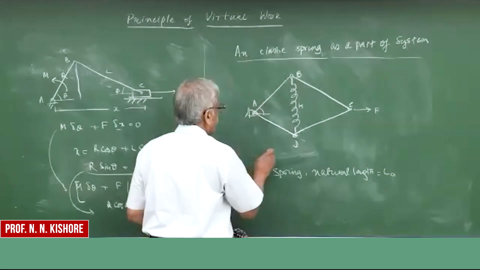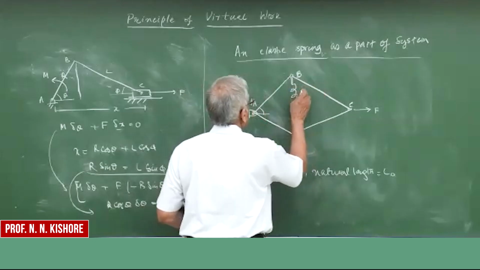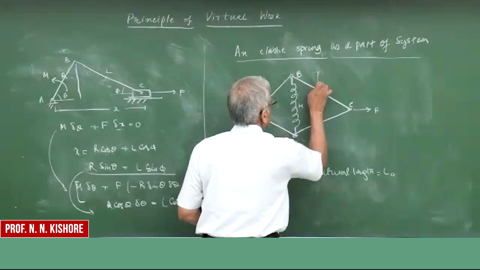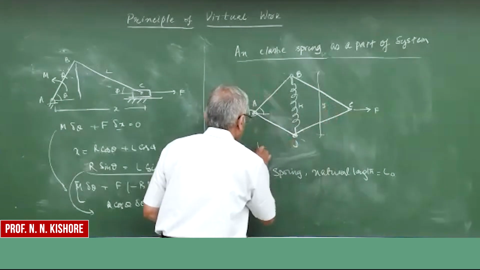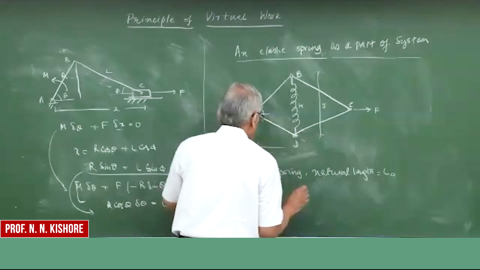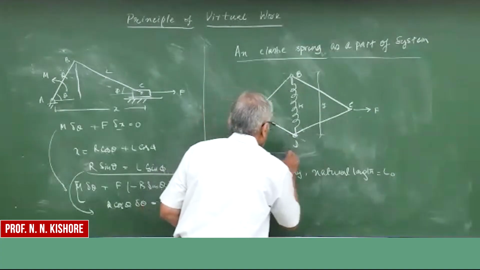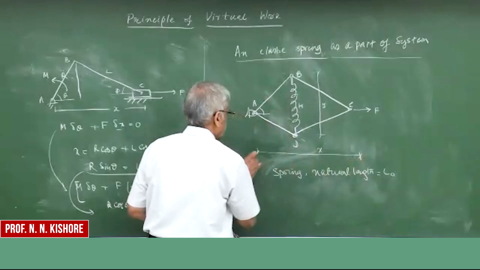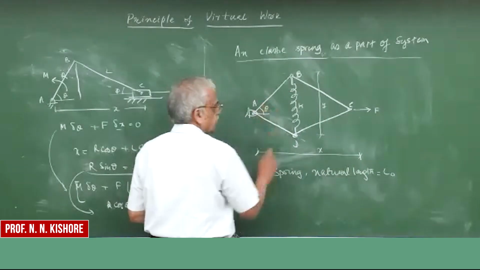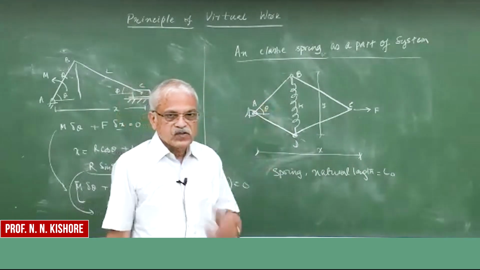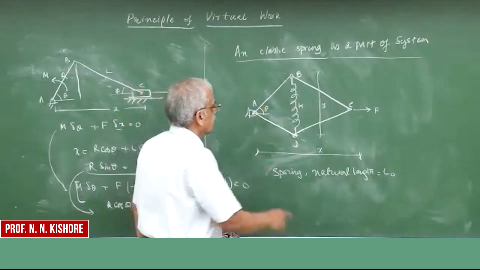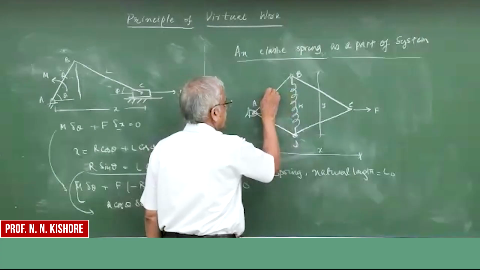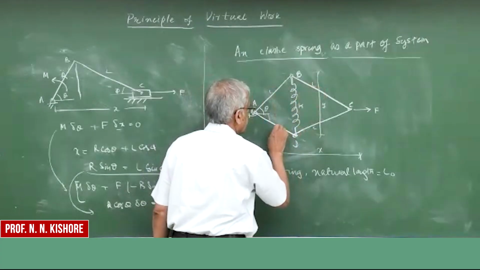Let's assume that this distance is y. So we have introduced many things here. Theta is this angle, this is a diamond. Let's assume that all lengths are the same.